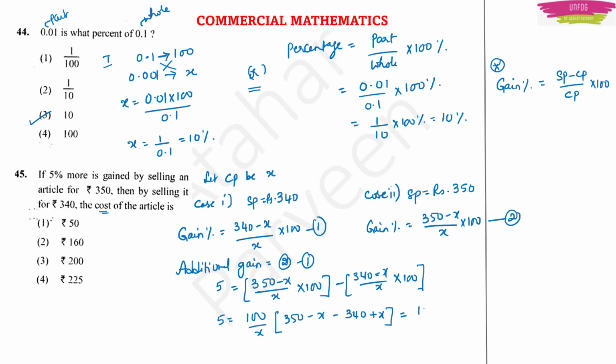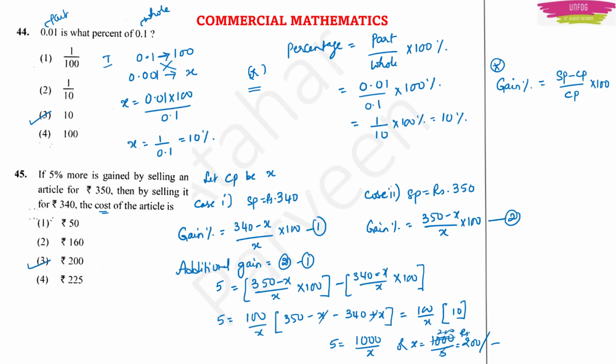So this will be equal to 100 upon x into, here x will get cancelled and I will have 10 in the bracket. On the left hand side I have 5, right? So 5 is equal to 1000 by x, or x is equal to 1000 by 5, which is equal to 200 rupees, because 5 twos are 10, 5 200s are 1000.